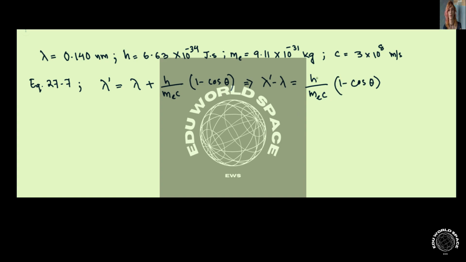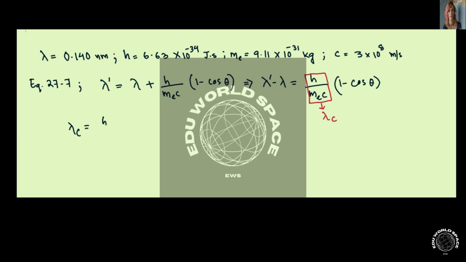Now this factor, as you can see here, the boxed one, is called the Compton wavelength. And this is a constant, so let's find lambda c to make our calculations easier in the later part.